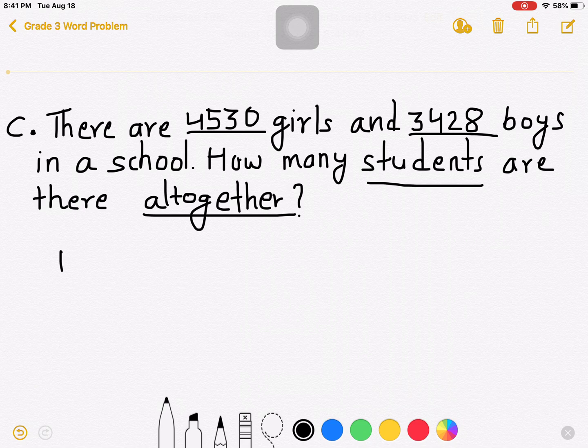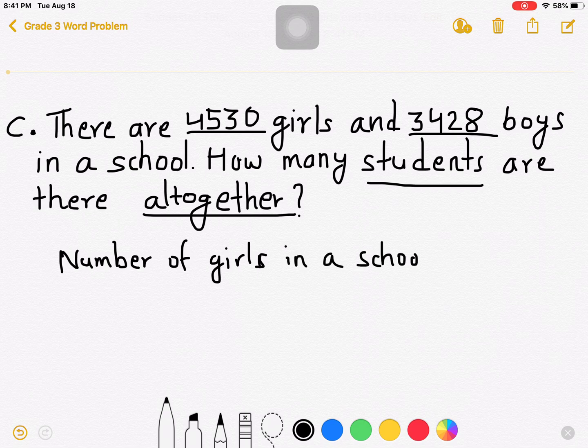Number of girls in a school. Total number of girls, that is 4,530. This is the number of girls.